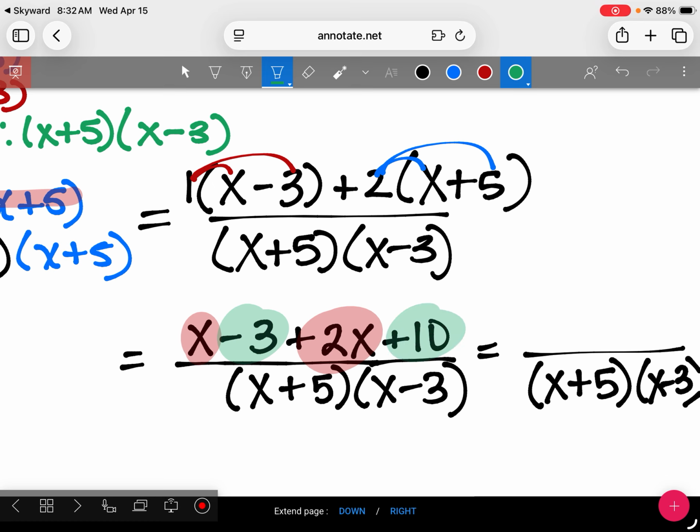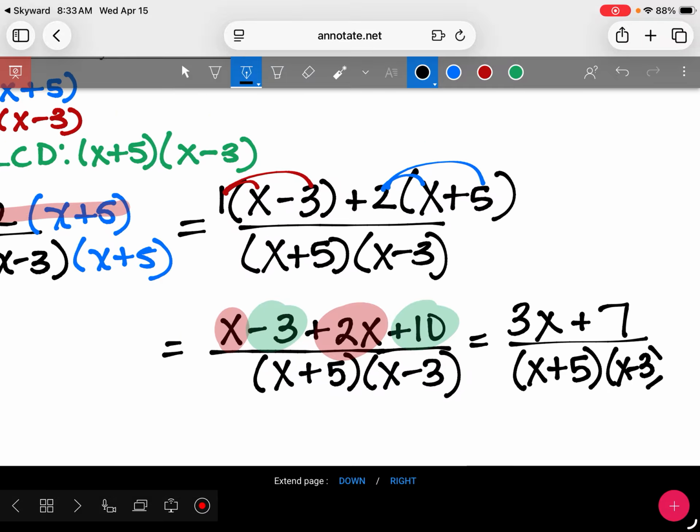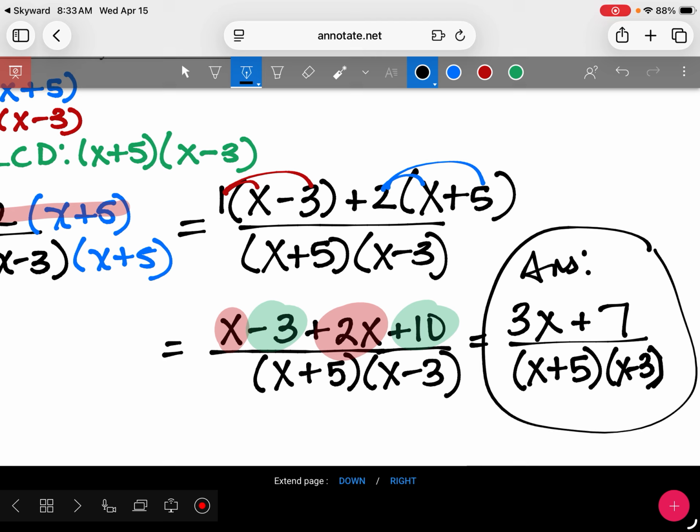Go ahead and combine your like terms, and that would be your final answer. So x plus 2x would be 3x. Negative 3 plus 10 is 7, and that would be your final answer. All right, one more, and then we'll start working through the homework together.